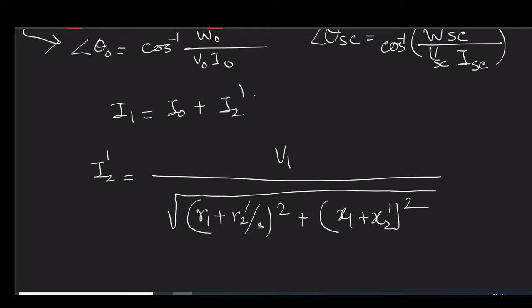Clearly here, due to S, R2 dash is variable, and if we try to represent it, it represents a circuit like this.